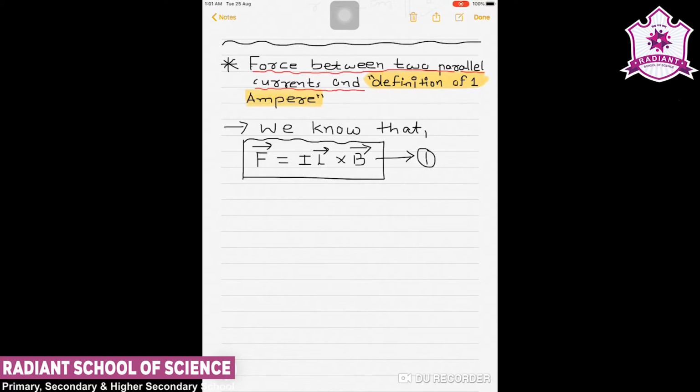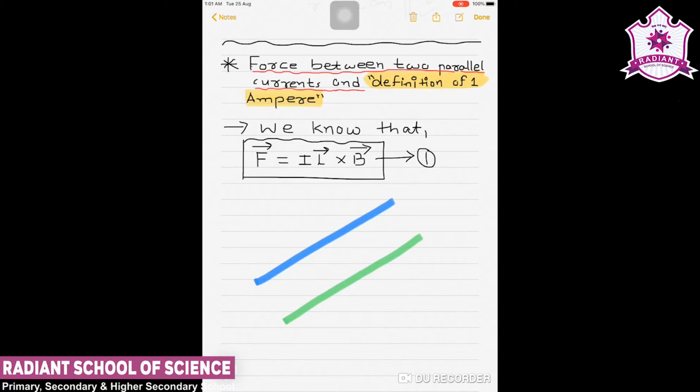That means we need to draw two parallel current carrying conductors, say wires. So here first we will draw two conductors. Say I draw one wire with a blue color pen and another wire parallel to it with a green color pen.